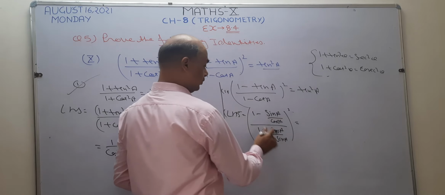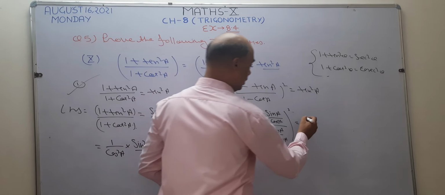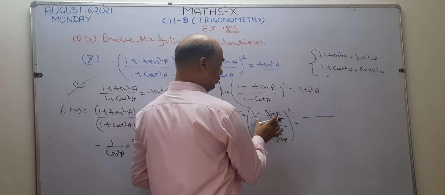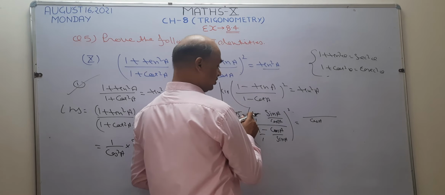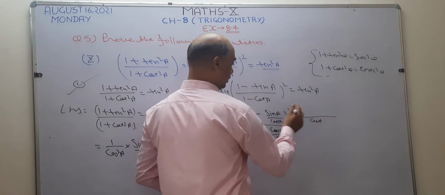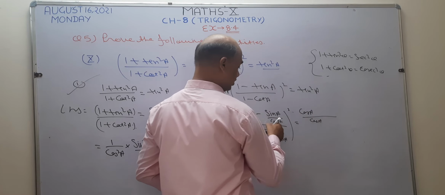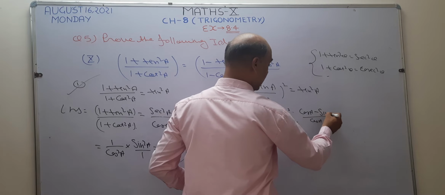Now take LCM, numerator and denominator separately. First I am going to take the LCM of the numerator part. LCM of 1 and cos is cos A. Now 1 is there, it means this cos is going to multiply 1, so this becomes cos. Cos is cancelled with cos. What is left? Sine is left.